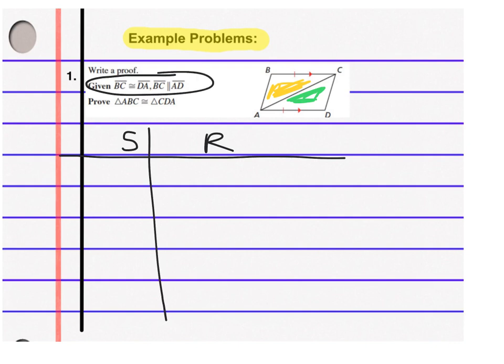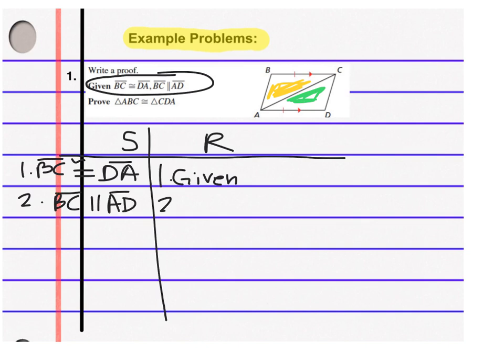I'm going to start with the fact that BC is congruent to DA, and that is given. I'm also going to say that BC is parallel to AD, and that is also given. So we always start with what's given. Okay, so we have one pair of sides that are congruent.